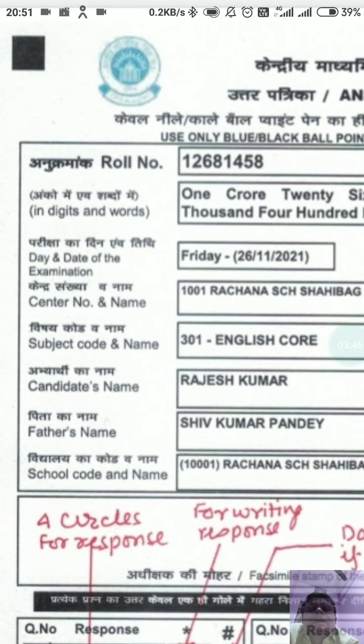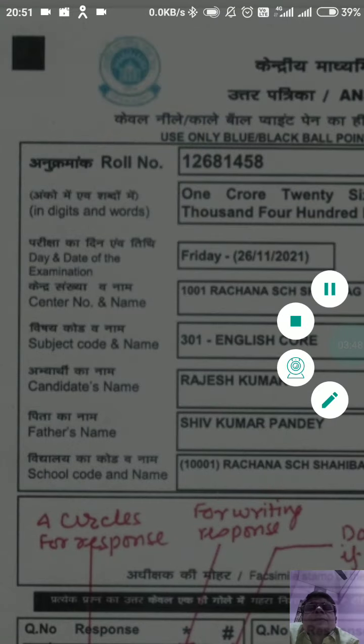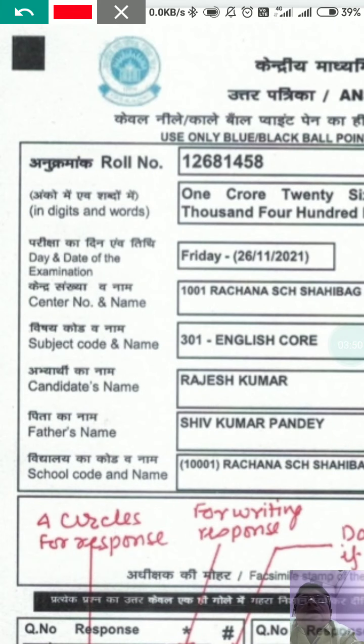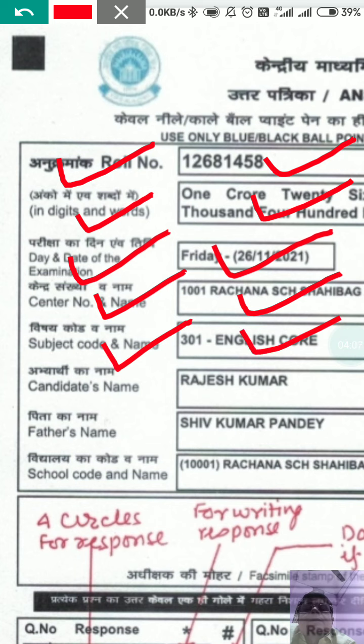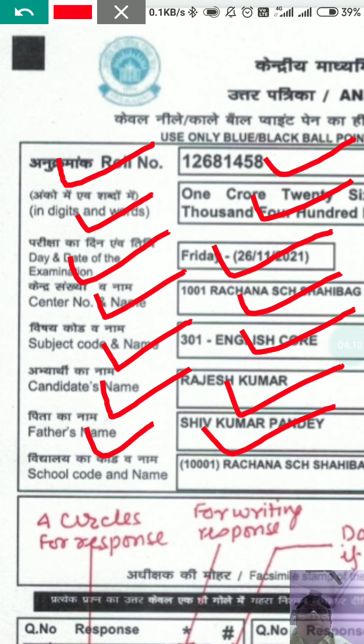Okay, and then you see at the left corner, here it is roll number already printed, roll number in digits and word already printed, day and date already printed, serial number and name already printed, subject code and name already printed, candidate's name already printed, father's name already printed.